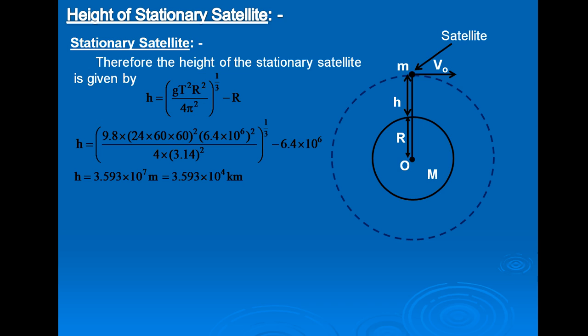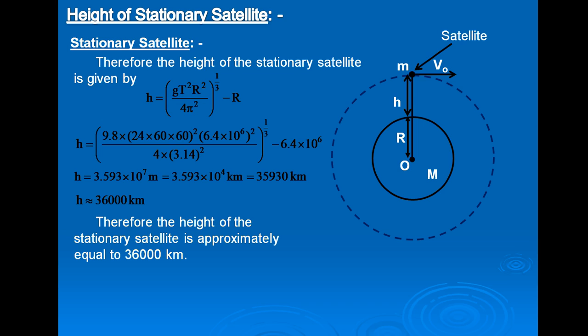or is equal to 3.593 multiplied by 10 the power 4 kilometer, or is equal to 35930 kilometer, and also h is approximately equal to 36,000 kilometer.